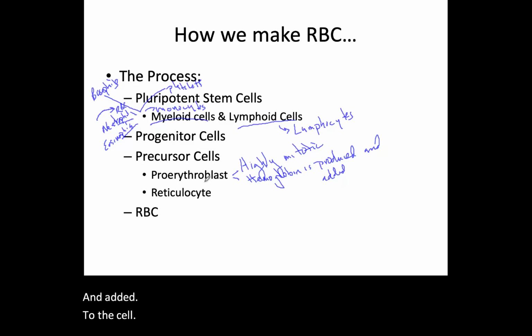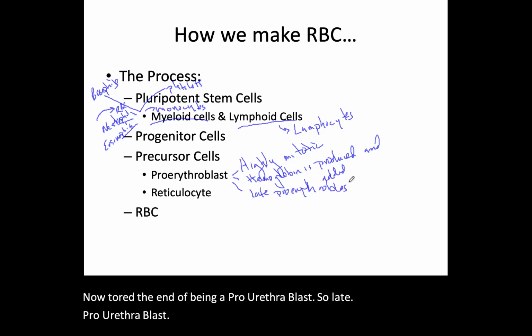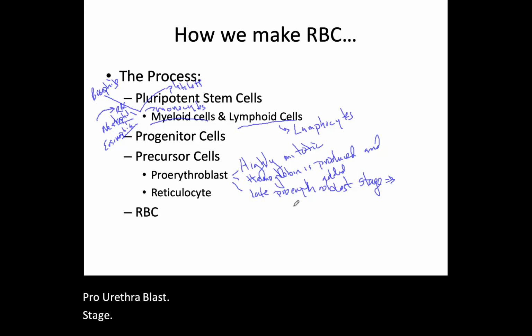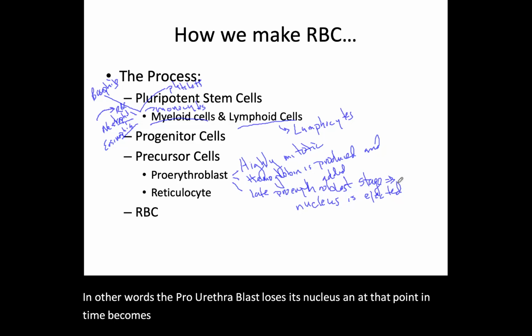Now, towards the end of being a proerythroblast, so the late proerythroblast stage, the nucleus is ejected. In other words, the proerythroblast loses its nucleus and at that point in time becomes a reticulocyte.